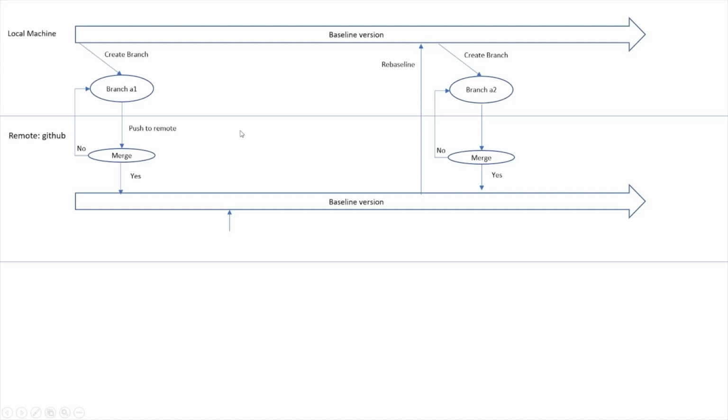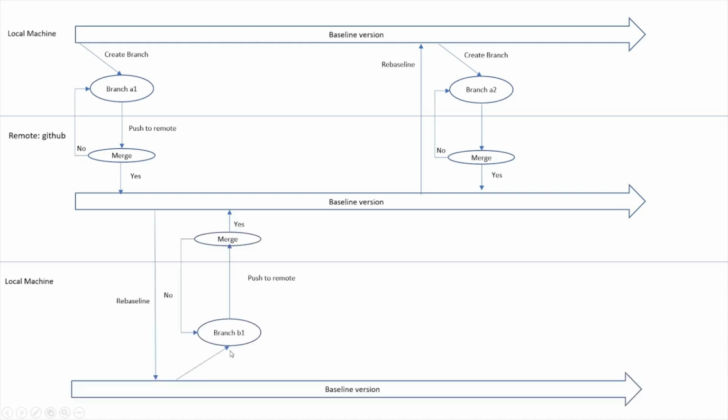multiple people and even multiple teams may be working on the same project and the same code base. Just for illustration purposes, we've taken another local machine where another developer has implemented a feature in branch B1 and it is already merged with the remote GitHub in the baseline version.